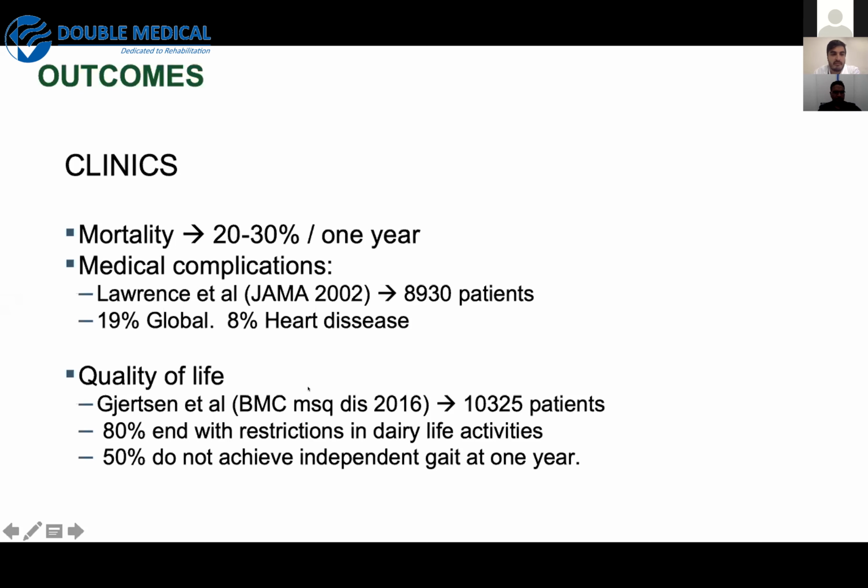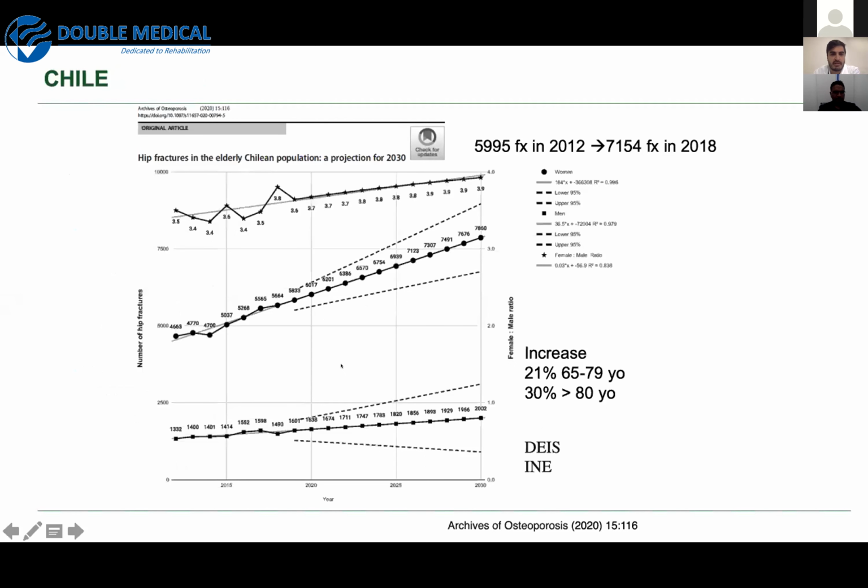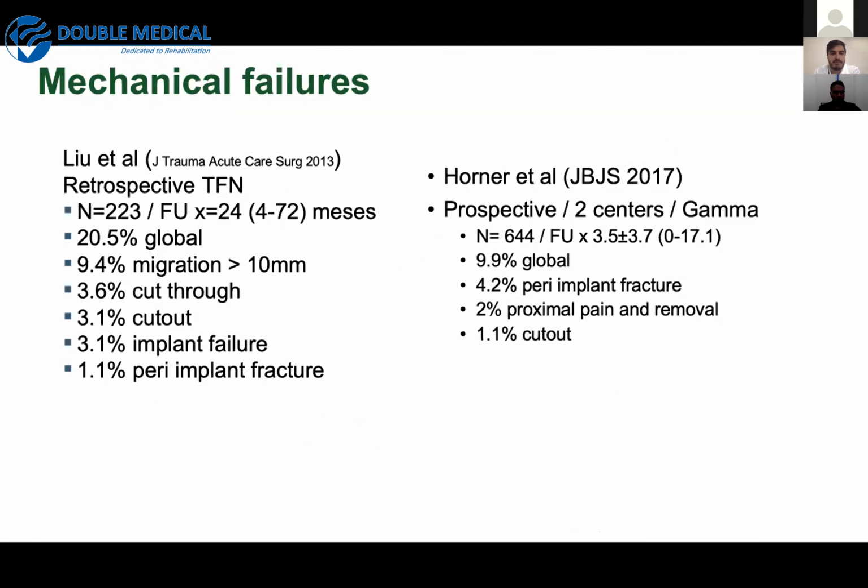But we also have the mechanical problem. In Chile, for example, we are projecting that hip fractures will increase by around 21% to 30% in the next years. So mechanical failures are also important in these patients.